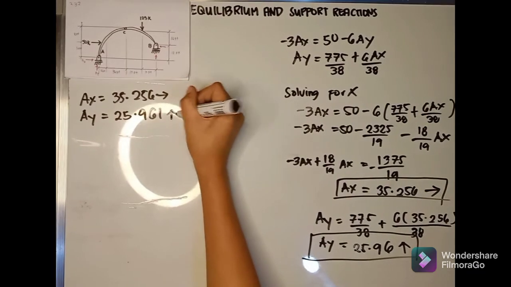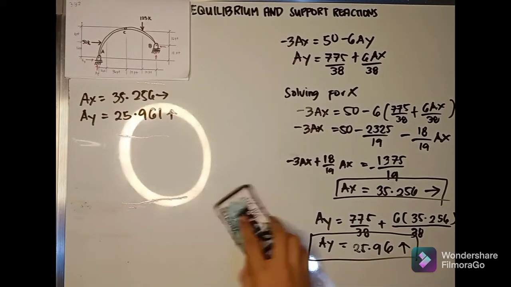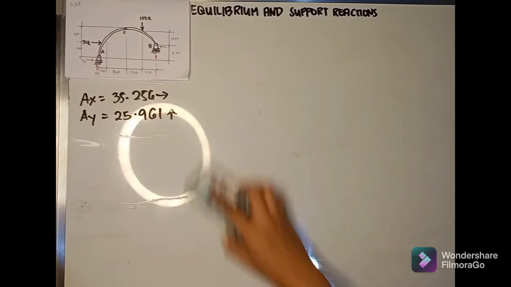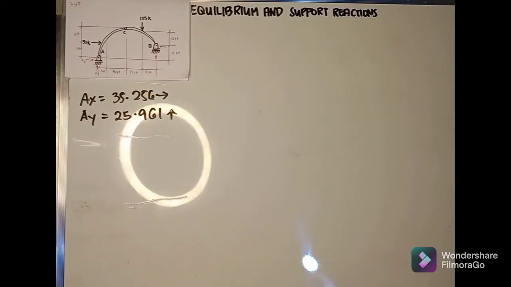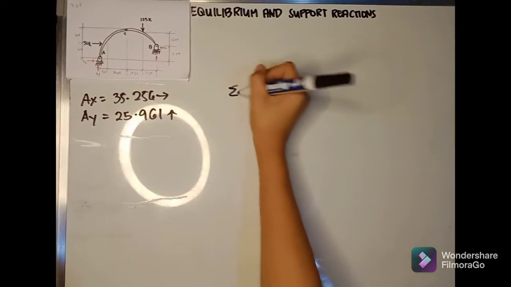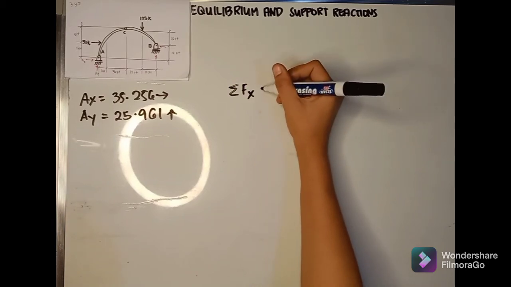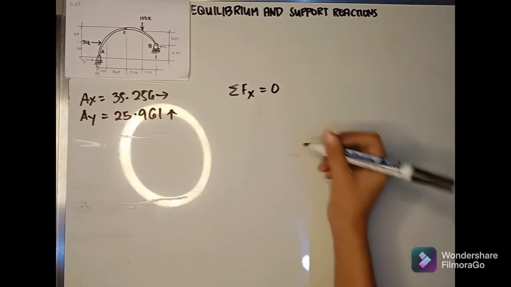Okay, upwards. Now let's solve for BX and BY at point B. Let's use the summation of horizontal components equals 0.